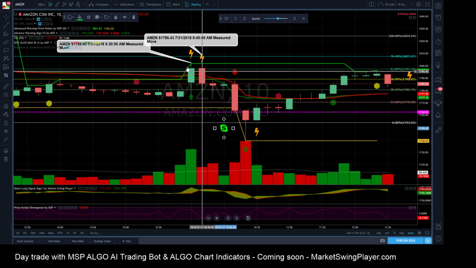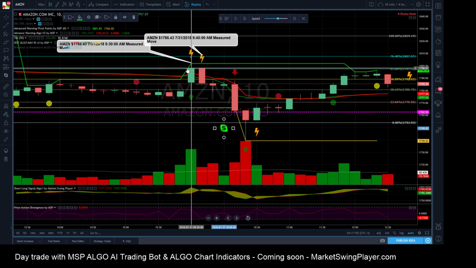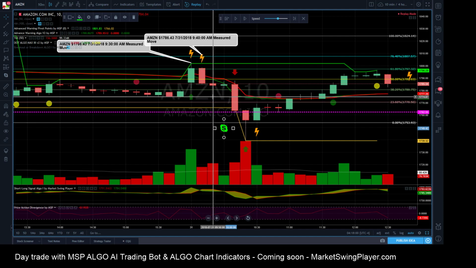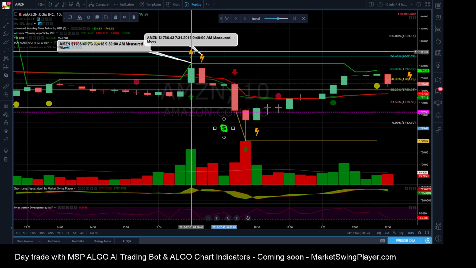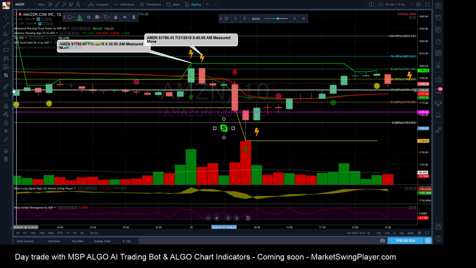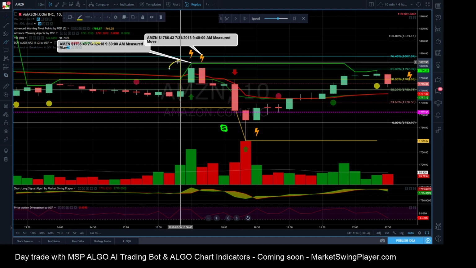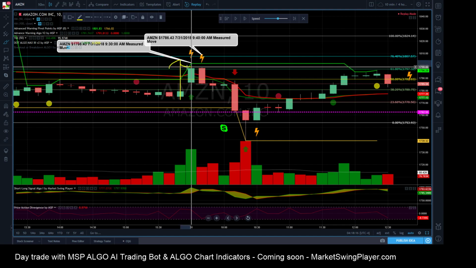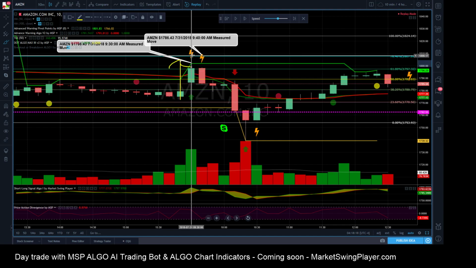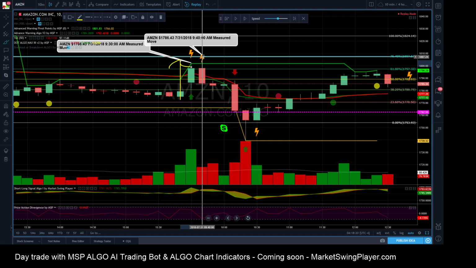Now we got two measure move alerts. Now I'm thinking this is what happened. This measure move alert came out and price popped. So it kind of says up, down, up, down. So price popped. Then a back-to-back measure move alert came out and price reversed.